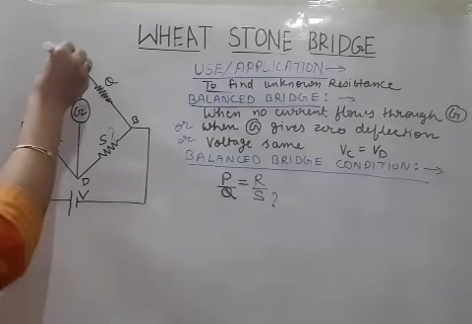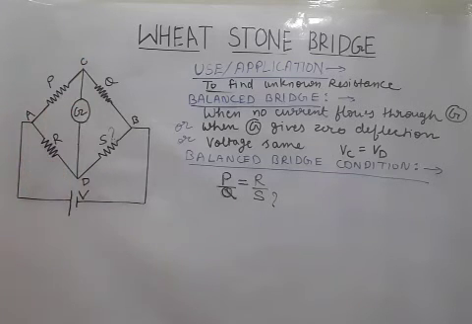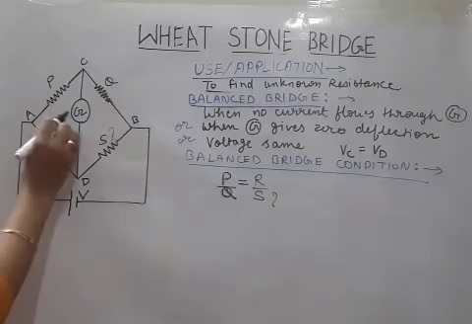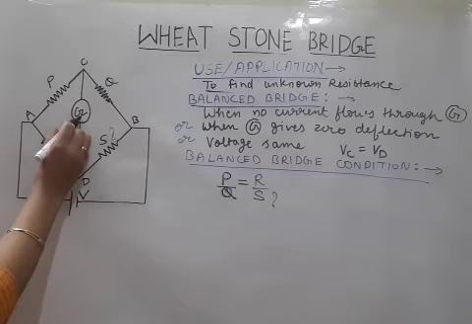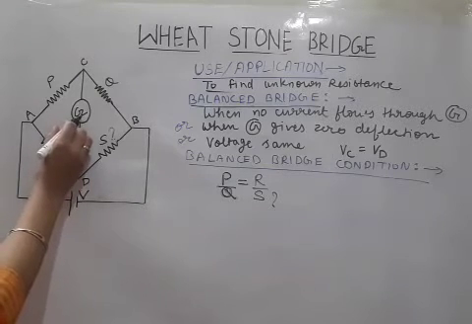Now, how do we check whether there is current flowing or not? That's why we have connected a galvanometer device. It is a device used to detect the current in the circuit.